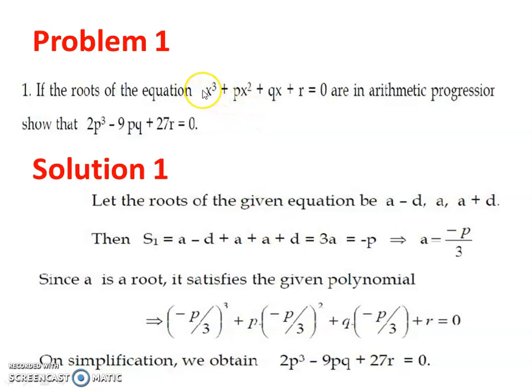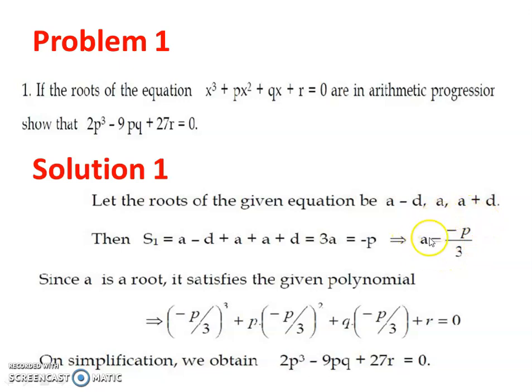Here a is the leading coefficient, that is 1, and b is the coefficient of x square, that is p. Therefore, you will get 3a, the sum of roots equal to minus p by 1, that's equal to minus p, and from that result you will get a equal to minus p by 3.